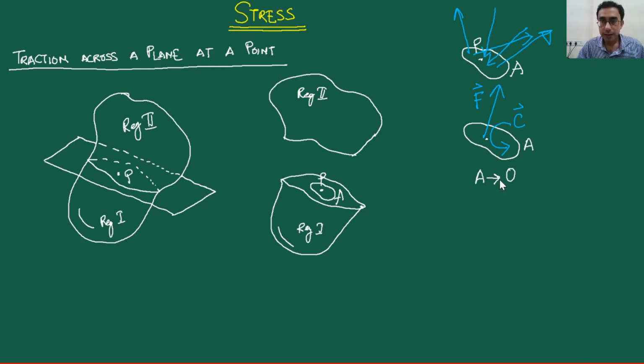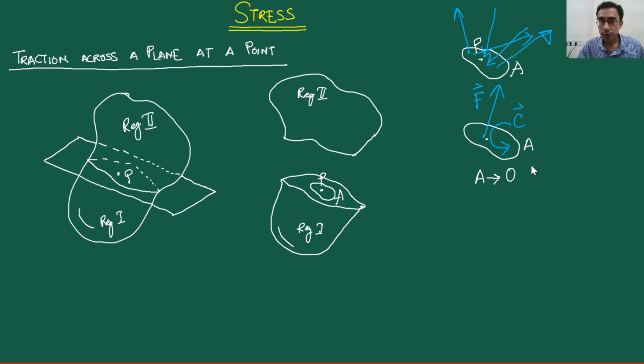But along with that, you understand that in the limiting case that A tends to 0, when the area becomes infinitesimally small, what is going to happen? It is not only the area A which is going to become very, very small, but it is also the force which is becoming infinitesimally small, because you have only a very, very small distribution of force present around here.